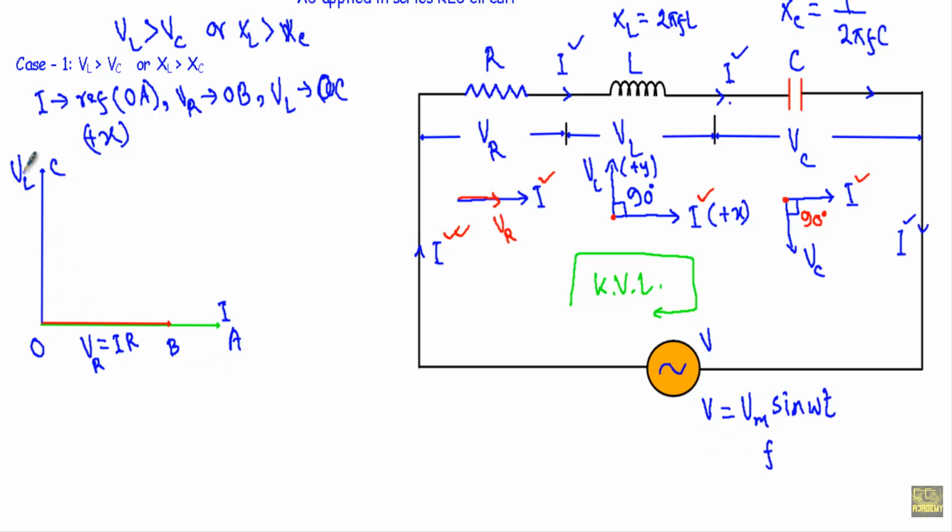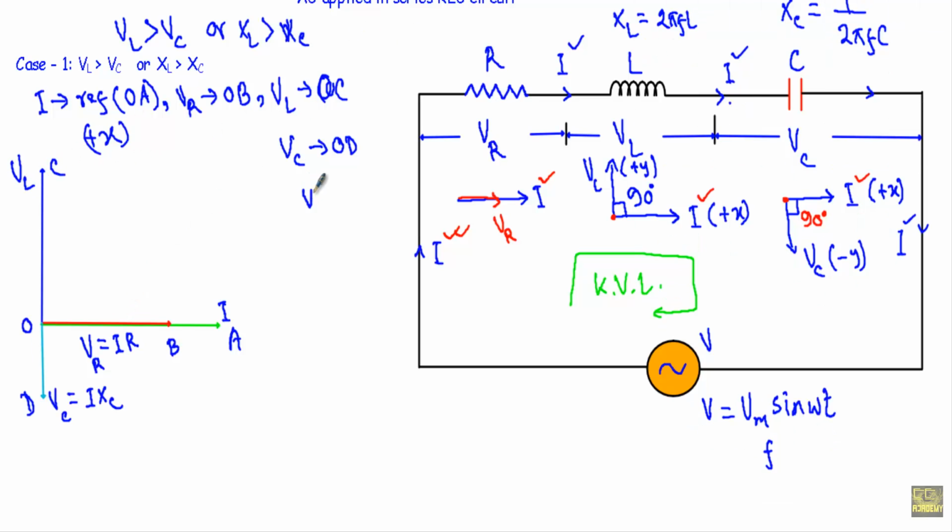So this OC will indicate VL. Now see the voltage across the capacitor VC. I will denote that with OD. Okay, see if I take the current in the plus x axis direction, you will see VC lags current by 90 degree. That means I will take it in the minus y direction. Okay, therefore I will take VC in this direction in the opposite of VL.